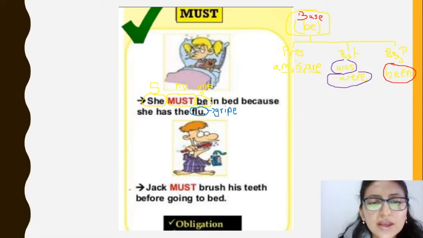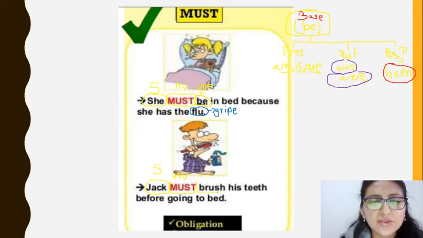Now we have: Jack must brush his teeth before going to bed. Okay, Jack, what is the subject? Very good. What is the modal verb? Very good. Must. What is the verb in the base form?